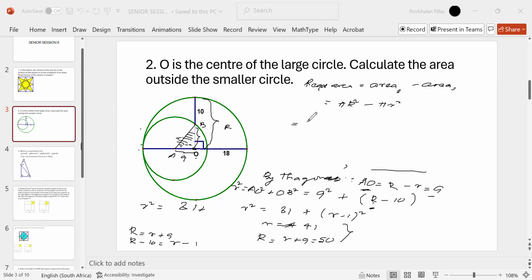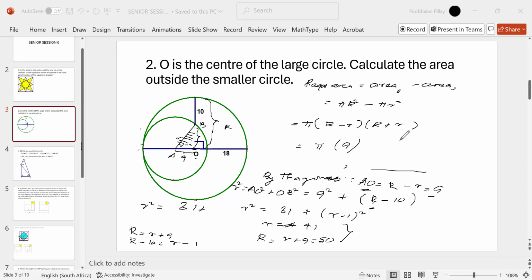So this required area is pi into R minus r into R plus r. I'm factorizing this because we already have that R minus r is 9, right? We used that earlier on. There it is here.